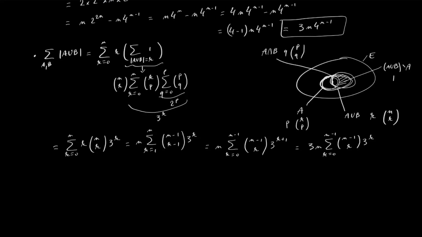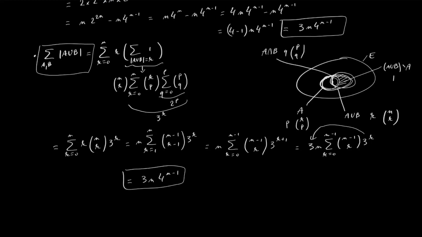So we just transferred one of the 3s from here to there. And again, by the binomial theorem, this is equal to 3n, 4 to the power of n minus 1. And so this is the second way to prove this equality.